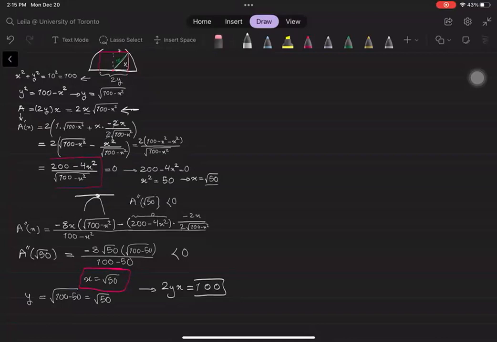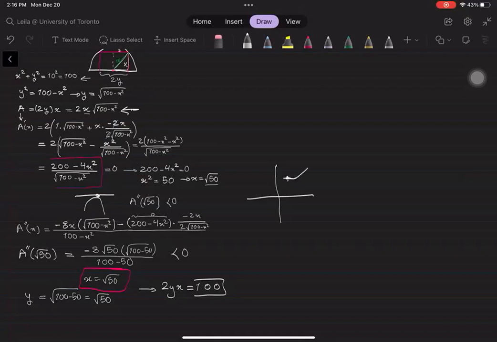Can you also just do the first derivative test in this case? The first derivative test says whether it's increasing or not, right? So assume this is the point where the derivative is 0.